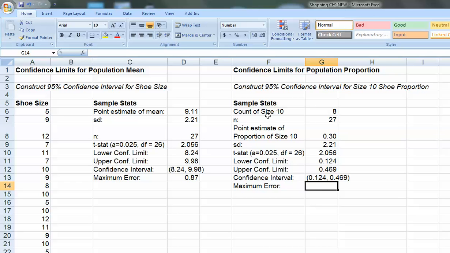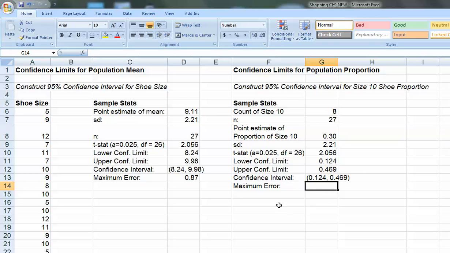However, based on our sample size, our standard deviation, and our T statistic, we can calculate that we are 95% confident that the true value of the population proportion falls between 0.124 and 0.469, or somewhere between 12.4% and 46.9%.